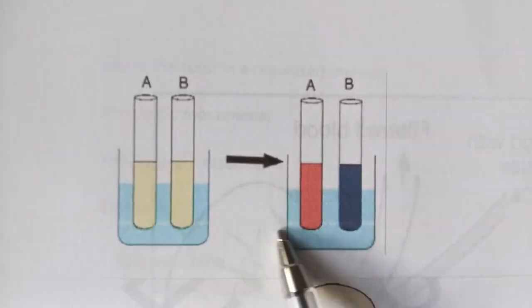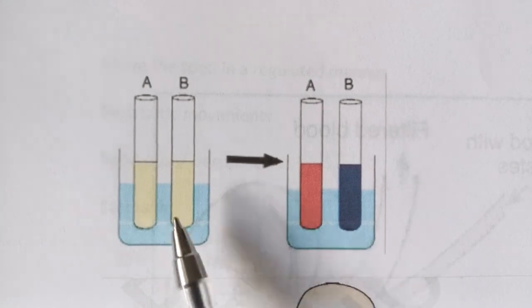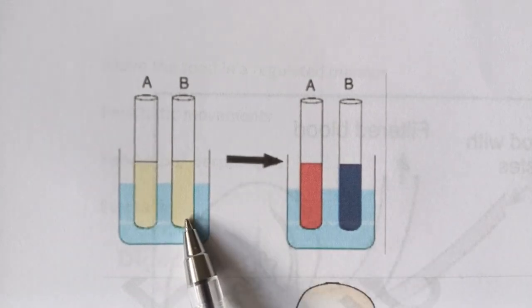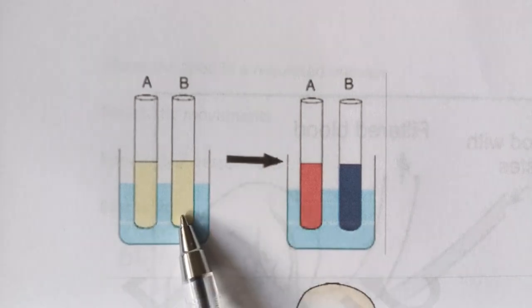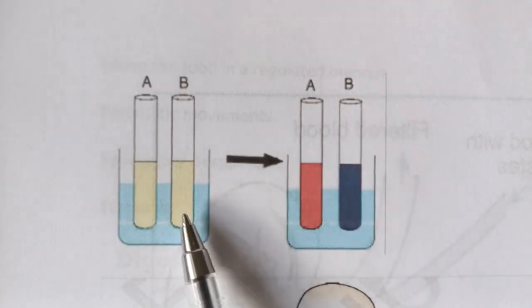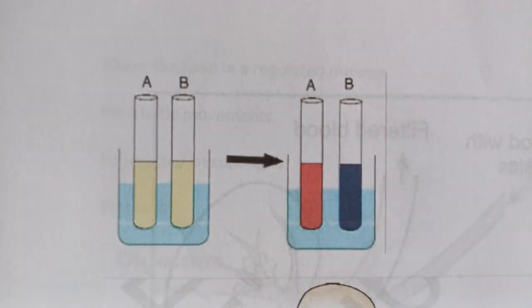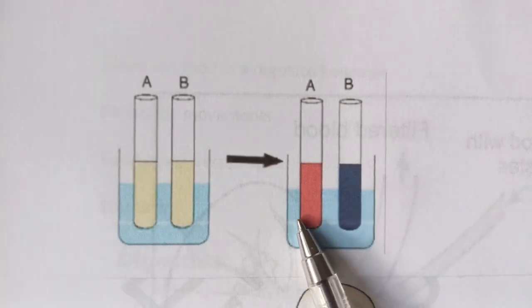As you can see, the one with saliva and starch turns reddish, but the one with only starch, you remember from your previous activities, turns bluish when you add iodine to the starch solution or a starch-containing leaf. So what is happening here? Why is there a starch reaction in one and no starch reaction in the other?